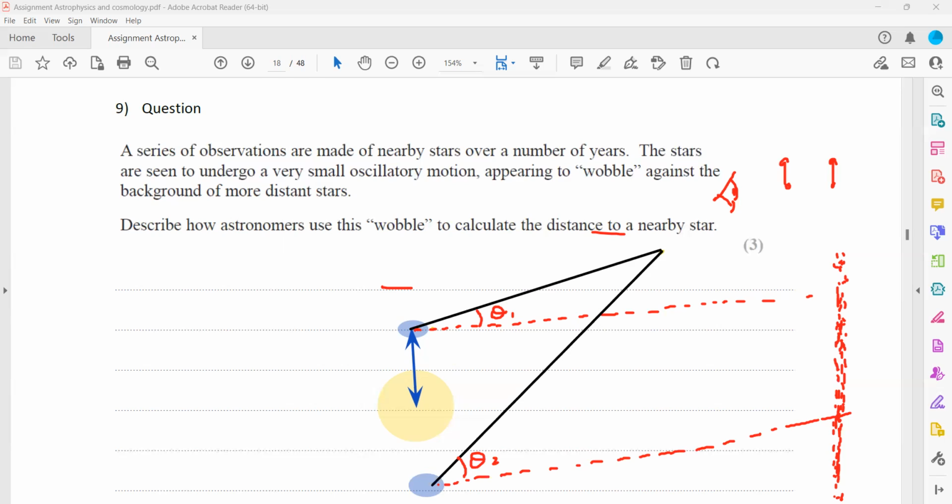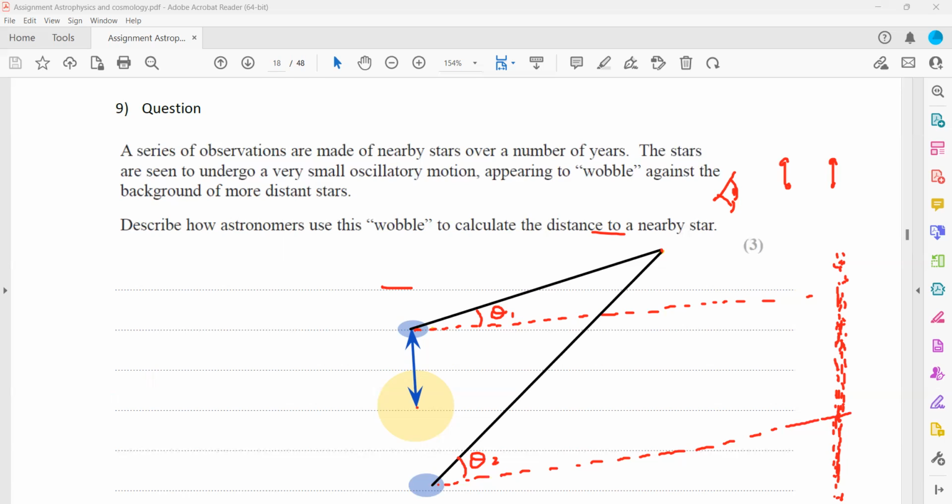So we have the angles and the distance, and what we are referring to is the distance of the star with reference to the Sun. Let me write a simple diagram to show what we actually do.